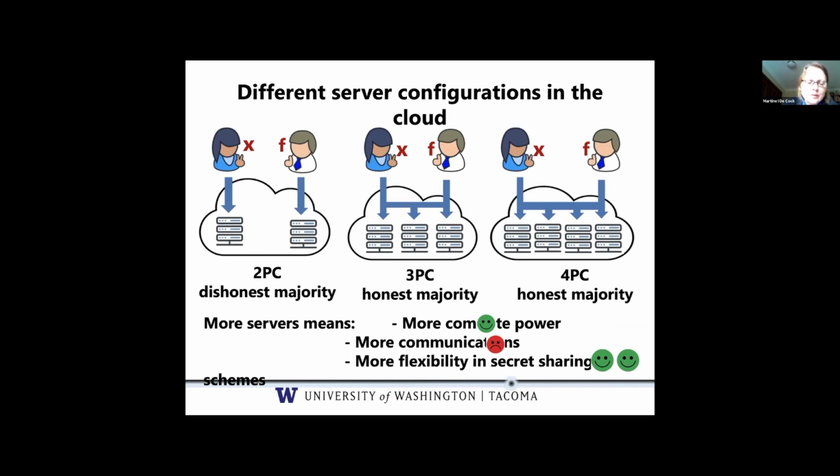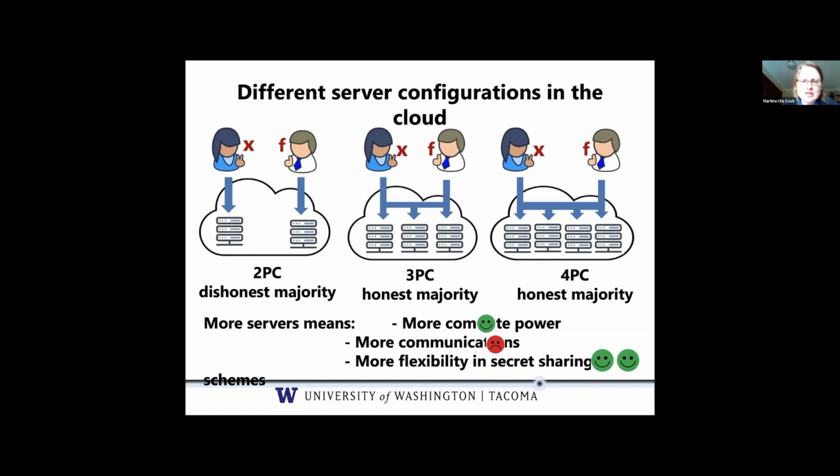But at the same time, you will also need to do more communications between the servers, which is going to slow the system down, which is a bad thing. The most exciting part is that when you have more servers, you have more flexibility, more ways in which you can do the encryption and the secret sharing of data between the servers and the way you compute over this.